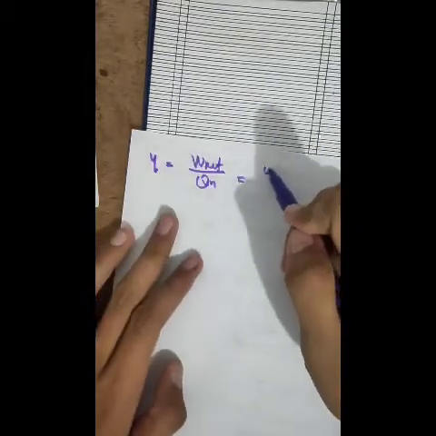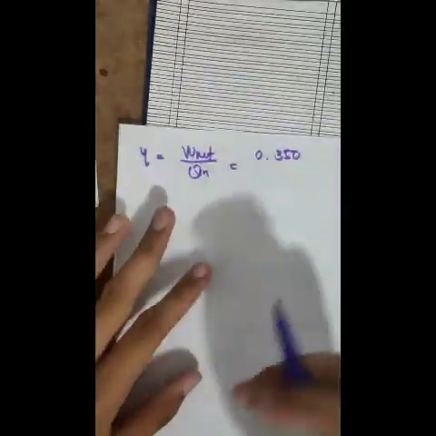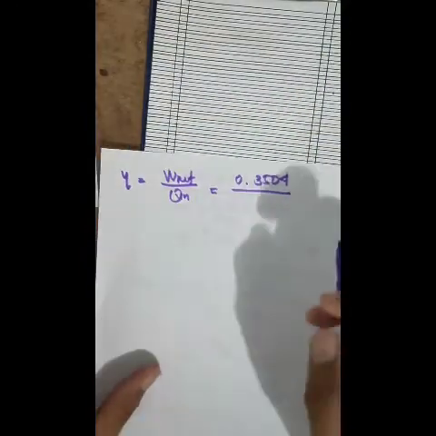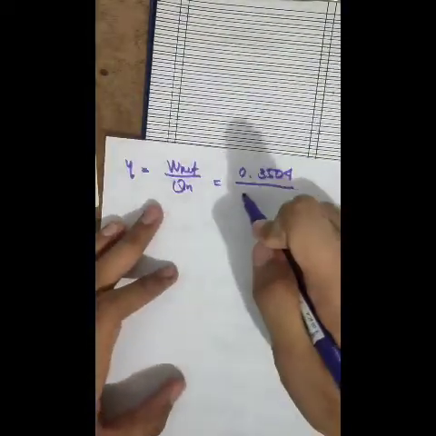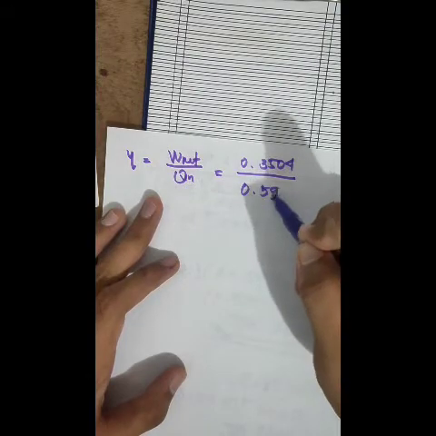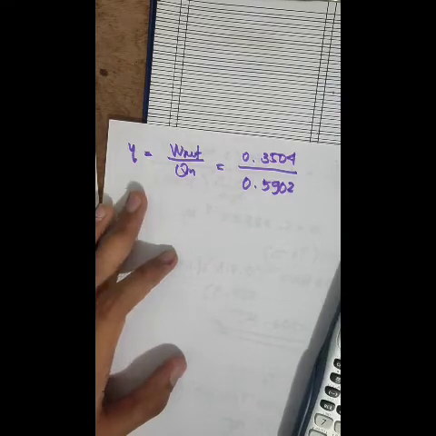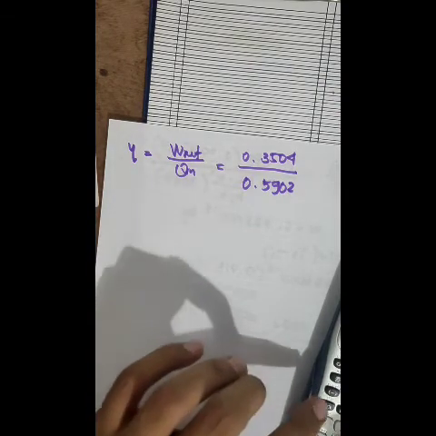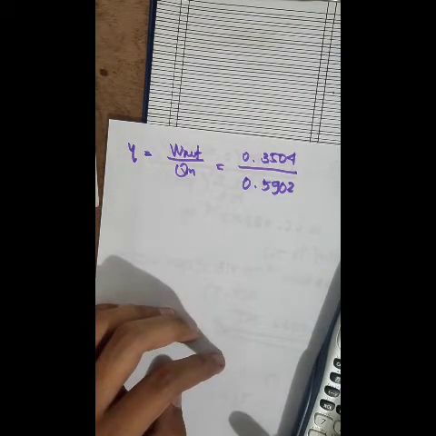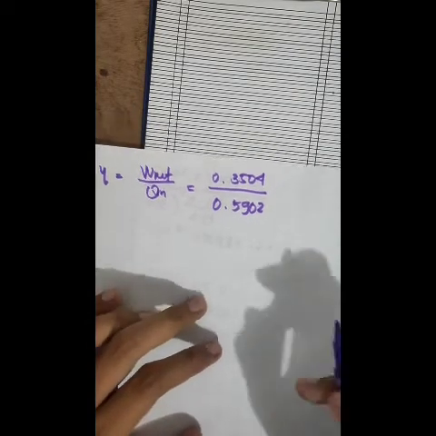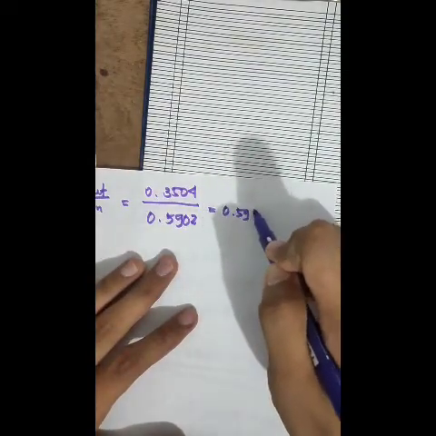So work net is equal to 0.3504 kilojoule over Q in, which is equal to 0.5902. So the answer that we will get from here is 0.3504 over 0.5902 is equal to 0.5937.